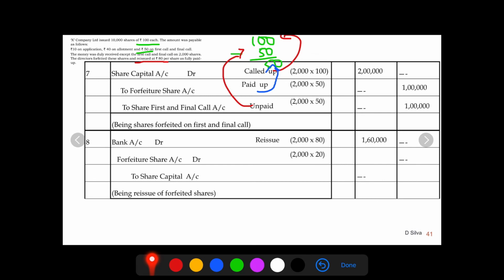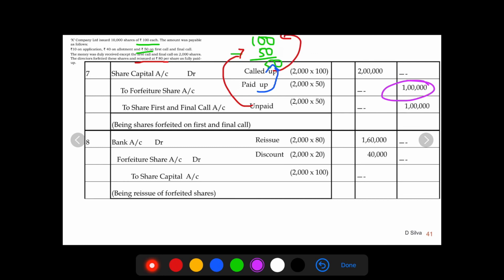So in order to adjust the discount on reissue, the amount already collected from the former shareholders on these shares, which is there in forfeited share account, is now being utilized. Hence, the discounted amount which is being debited is rupees 40,000.